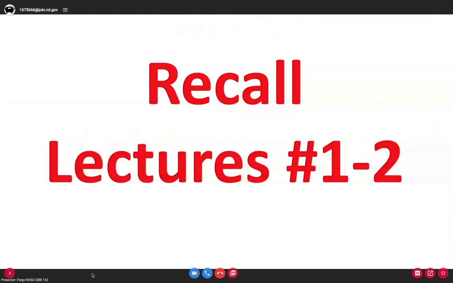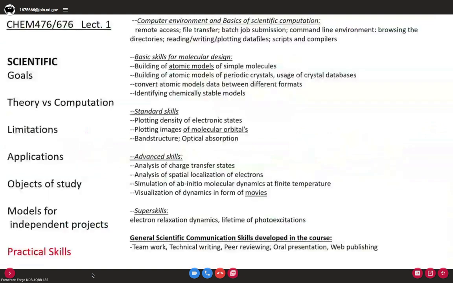Last time we looked through the skills that we intend to get through the course: basically electronic structure, some reaction dynamics or reaction barriers, with additions like dynamics and optical properties, also with visualization.